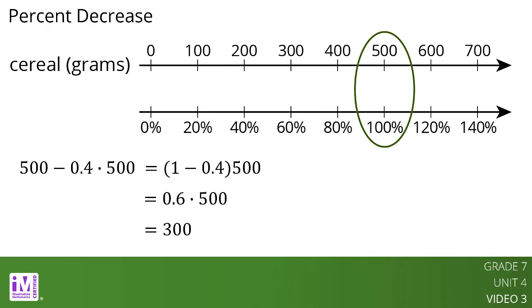So a 40% decrease is the same as 60% of the initial amount. In the diagram, we can see that 300 is lined up with 60%.